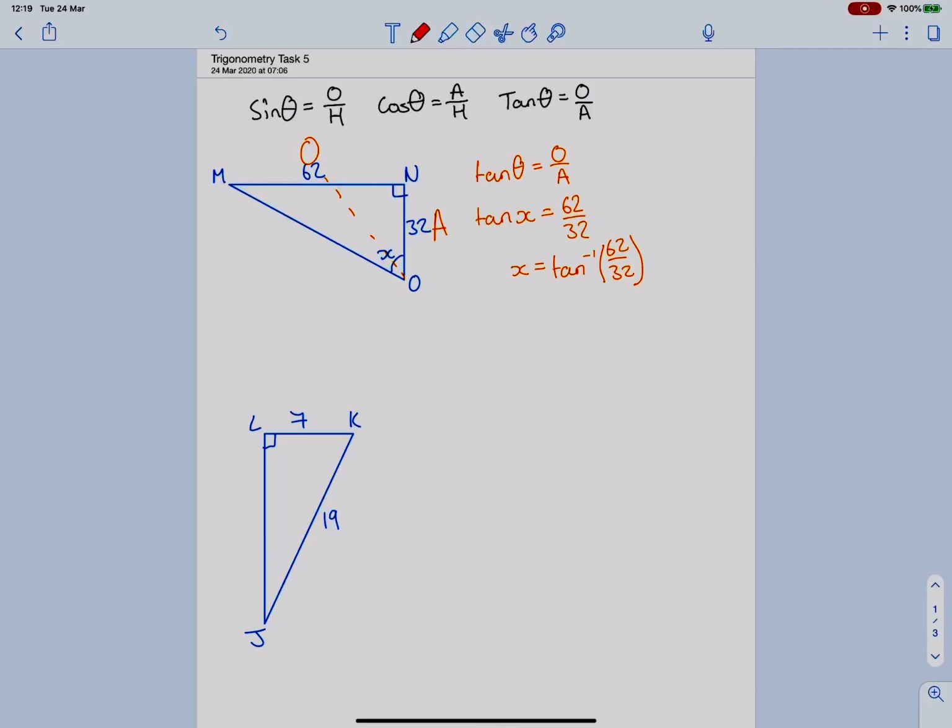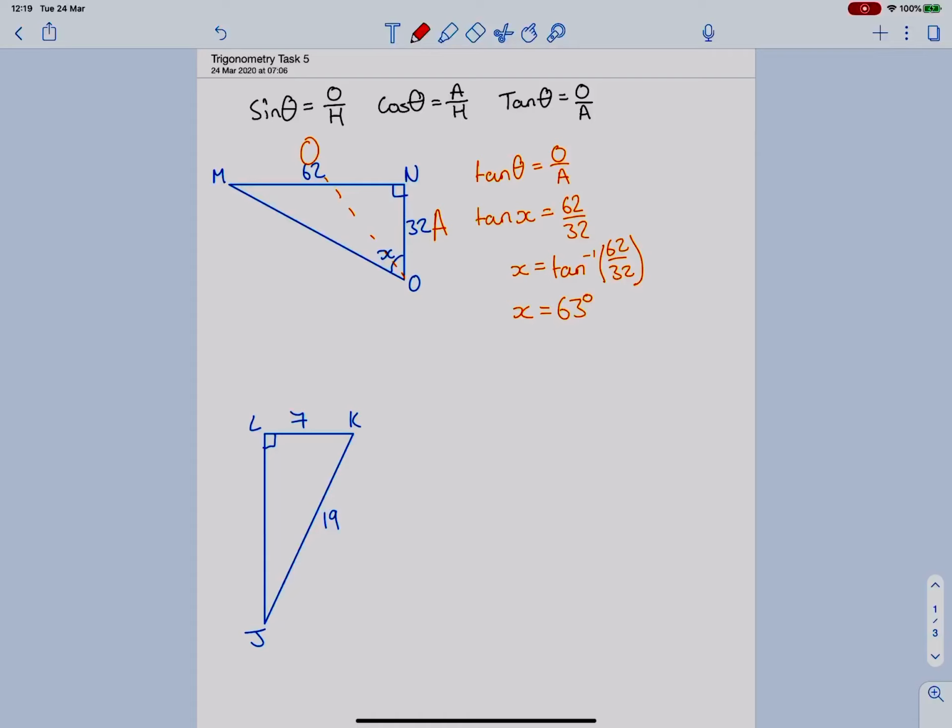Put that into your calculator: press the shift button first and then the tan button, and it should come up with tan minus 1, then the bracket. Then press the fraction button and type in 62 over 32. Press the sideways arrow and then close the bracket. Press equals, and your answer, to the nearest degree, will be x equals 63 degrees.